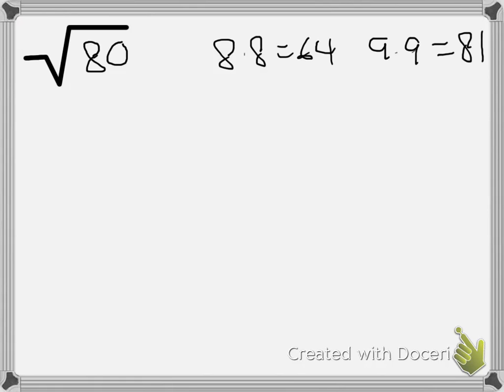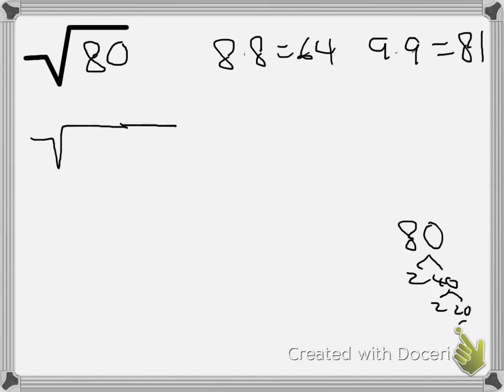So what we're going to do, the best way to do this, is to put the prime factors of 80 under the root sign. So 2 times 40, 2 times 20, 2 times 10, and then 2 times 5.